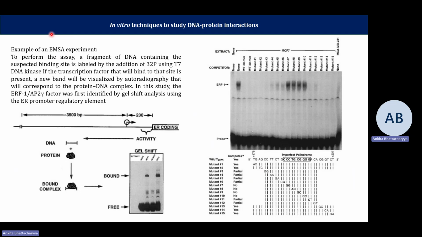Now, if the transcription factor that will bind to that particular region is present, you will be able to visualize a new band by autoradiography that corresponds to the protein DNA complex. In this study, the example taken was of ERF1 AP2 gamma, which was first identified by gel shift analysis using the ER promoter regulatory element.